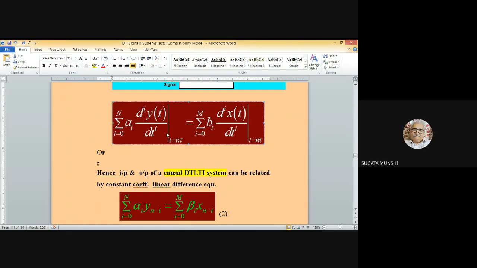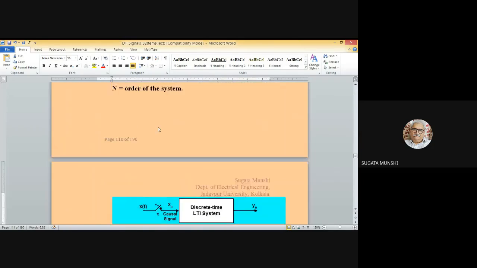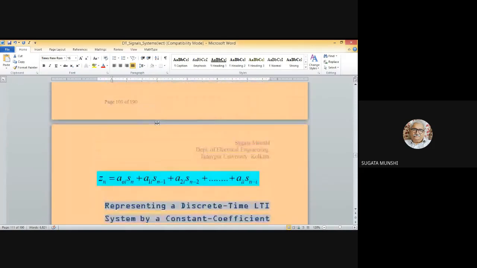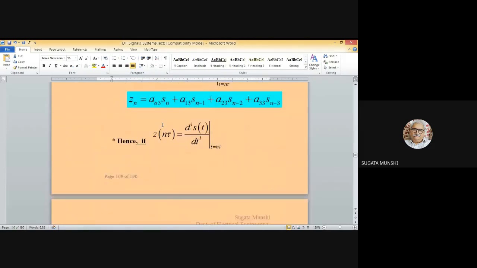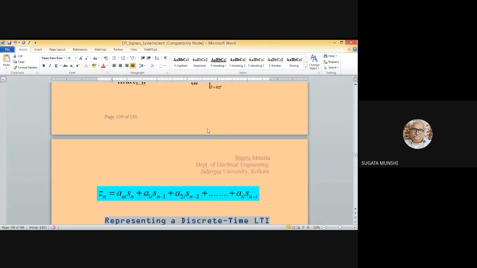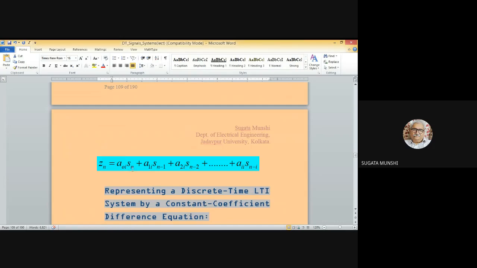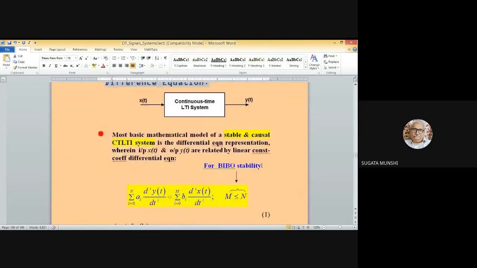Each derivative here, just go back to the earlier case. In our earlier discussion, we have seen that if the output of the system z[n tau] is the ith derivative of the input, then what will happen? z[n] will be A_0i s[n] plus A_1i s[n minus 1] plus A_2i s[n minus 2], etc., up to A_ii s[n minus i]. So here what can you write?